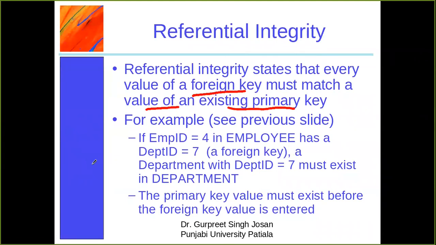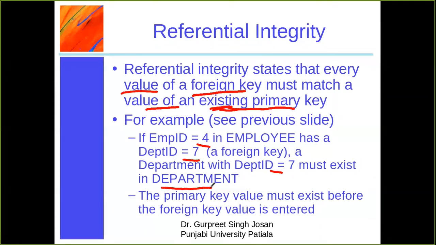This states that every value of the foreign key, every value I am talking about, must match a value of an existing primary key. If the employee with ID 4 has a department ID 7, a department with department ID 7 must exist in the department table. Otherwise, this is not possible.